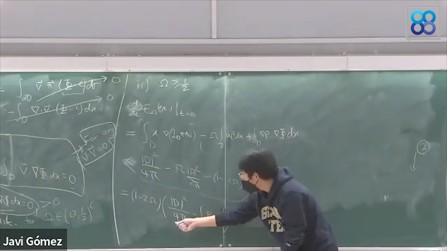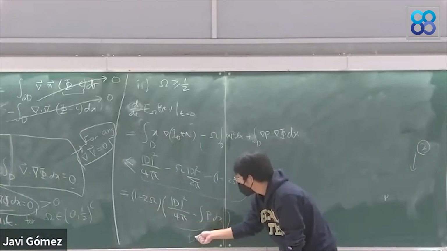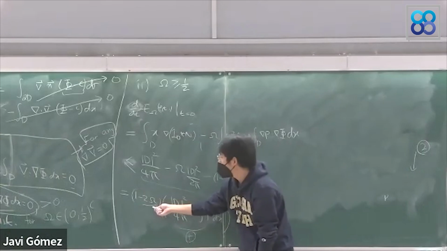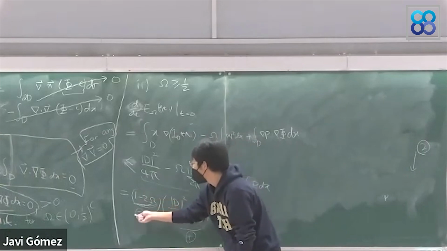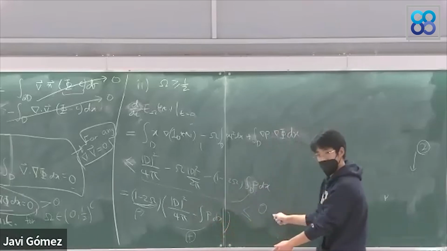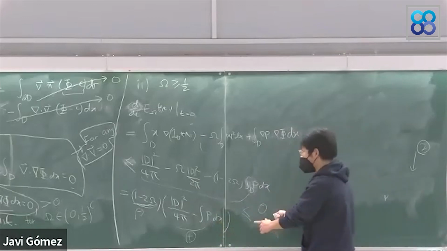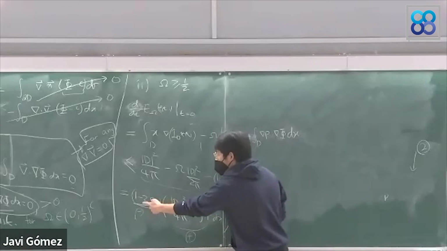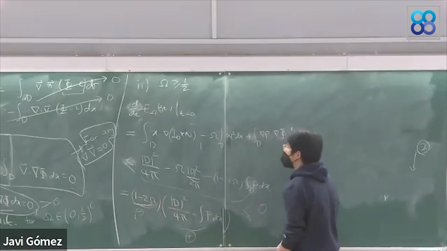So this one is always a positive number, but now omega is bigger than 1/2. So this is a negative number, and so this one is always less than or equal to 0, right? This is always a positive number that is multiplied by some negative number.